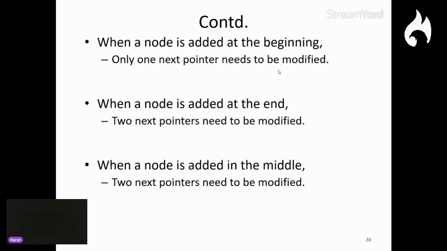The last pointer, which was pointing towards null, should point towards the new element, and the new element's next should point towards null. When a node is added in the middle, again two pointers need to be modified. Suppose we are inserting between B and C, B is pointing towards C, and our new node is X. So now we are assigning two new pointers: B is pointing towards X and X is pointing towards C.